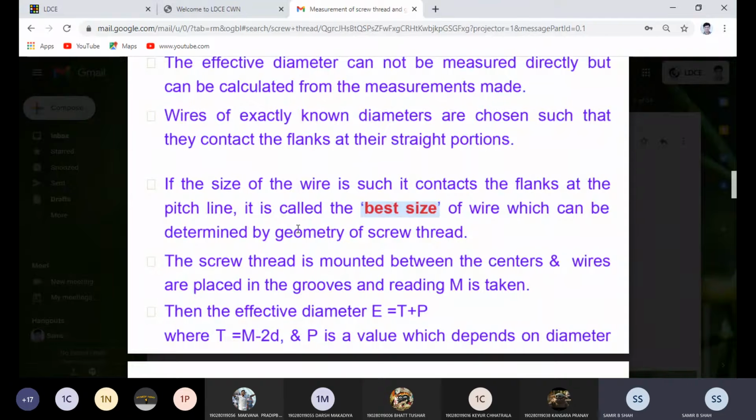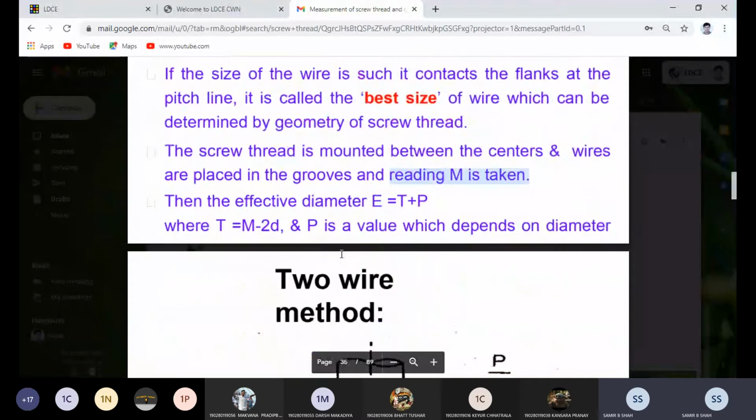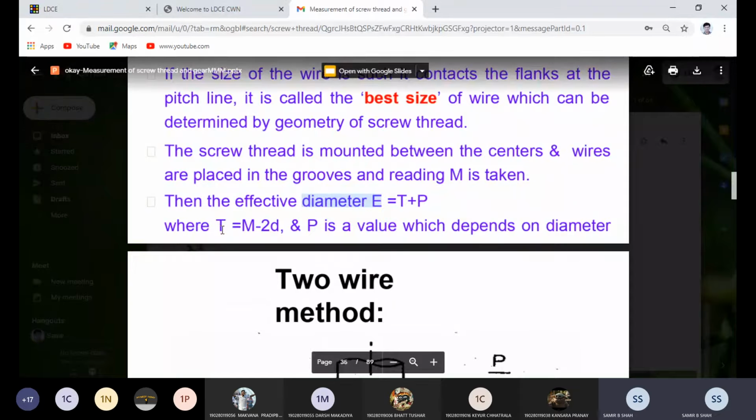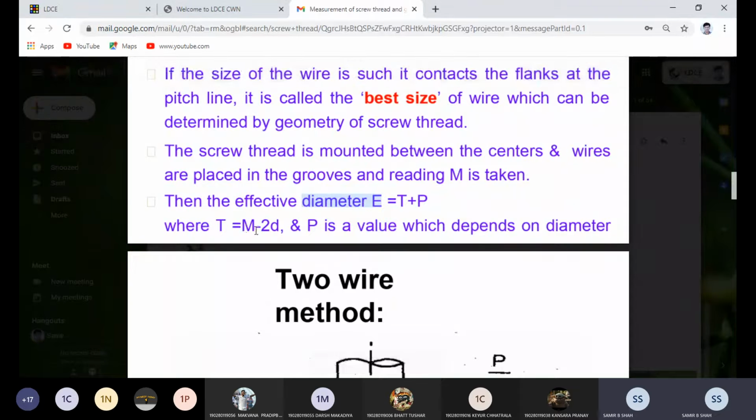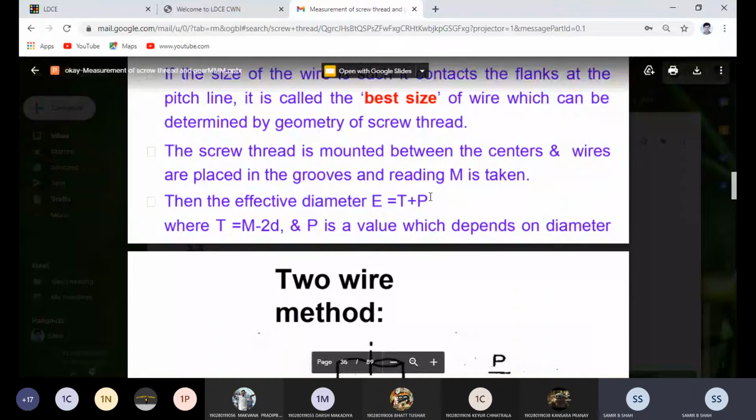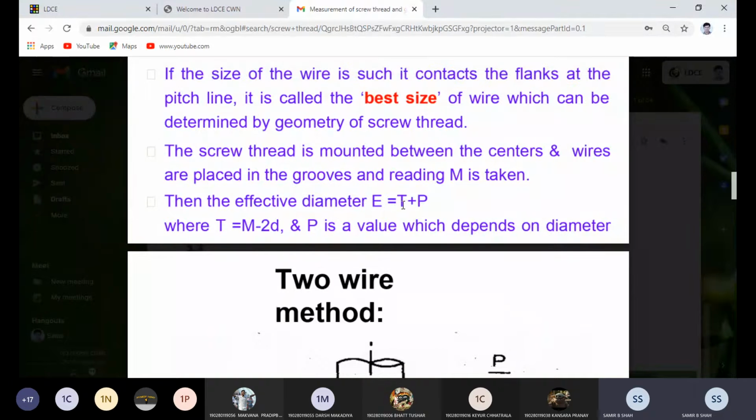The screw thread is mounted between the centers, and the wires are placed in the grooves and the reading is taken. At the end, the effective diameter E is equal to T plus P, where T is equal to M minus 2D. P is the value which depends on the diameter. Sometimes in place of T, they use Y, where Y is the dimension under the wires.